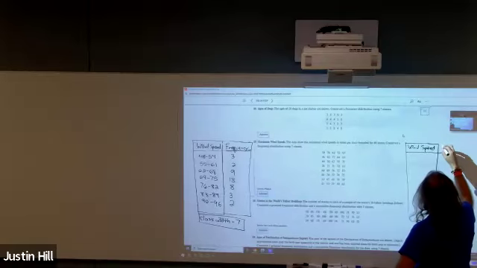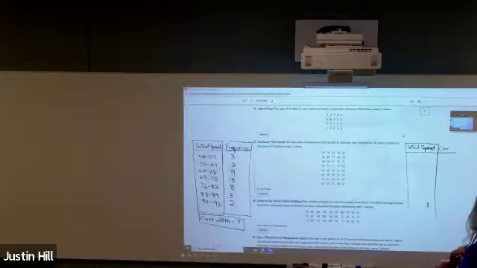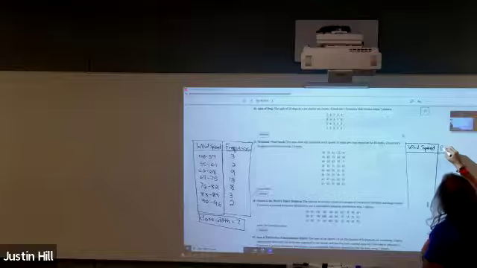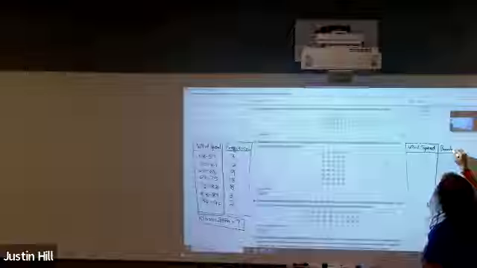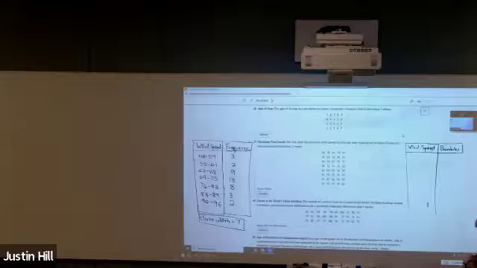Then they'll have one that says class boundaries, but to save us a little room, I'm just going to say boundaries here. But that's what they mean, the boundaries on the classes.